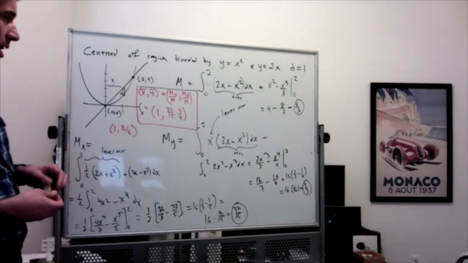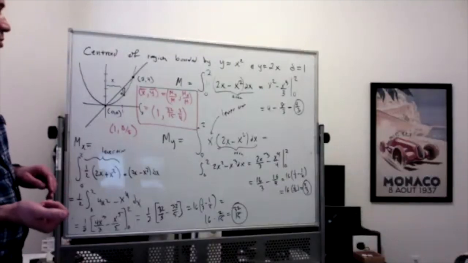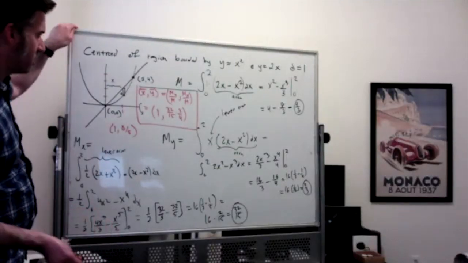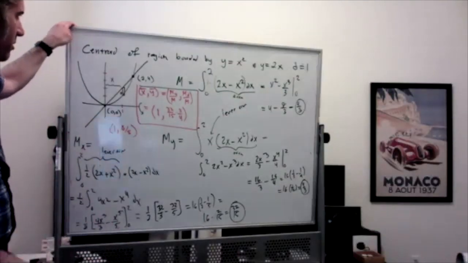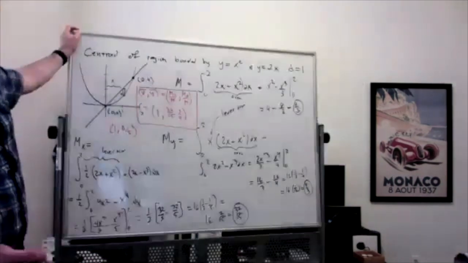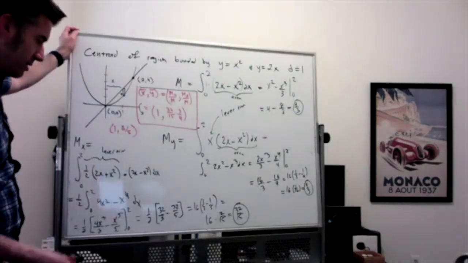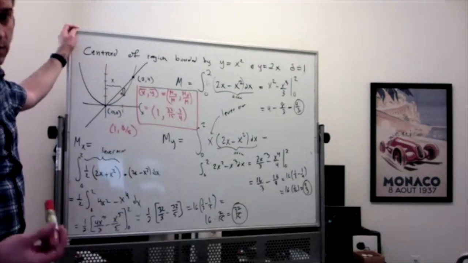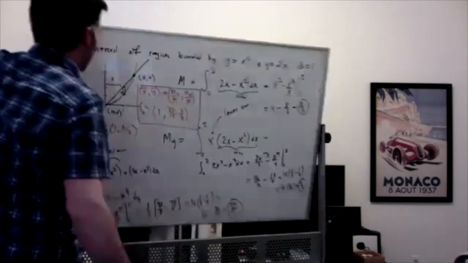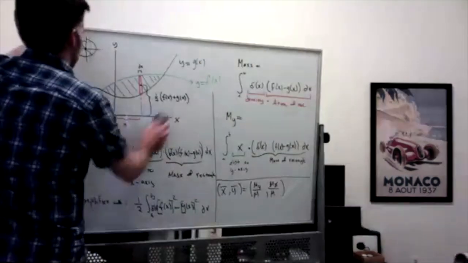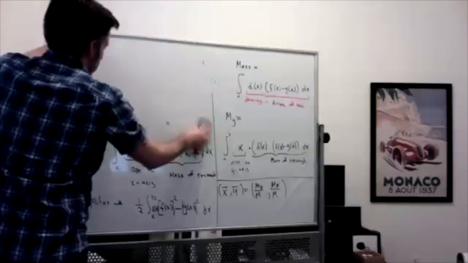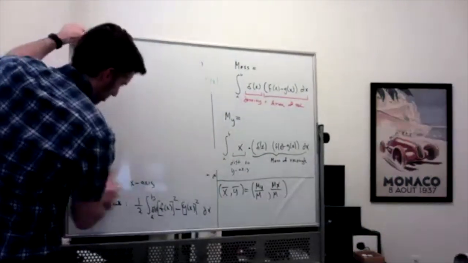There are a couple things we could do now if you wanted to, but let's not do it quite yet. And I should say that's the centroid in addition to being the center of mass. It's the centroid because we assumed the density was 1. What if the density wasn't 1?